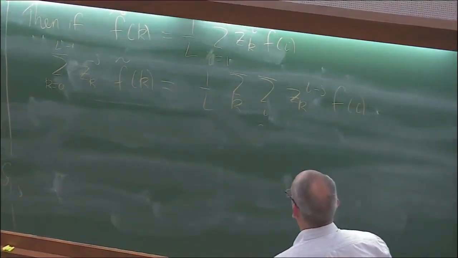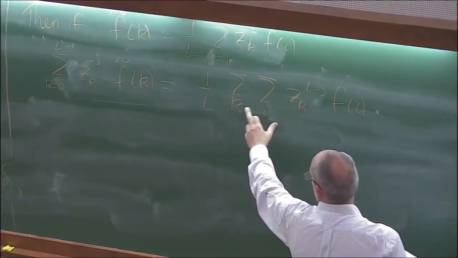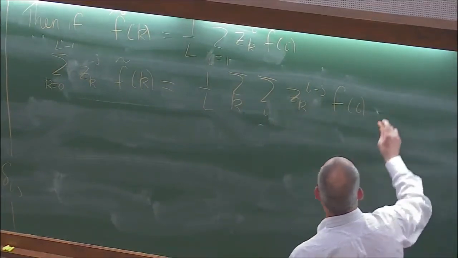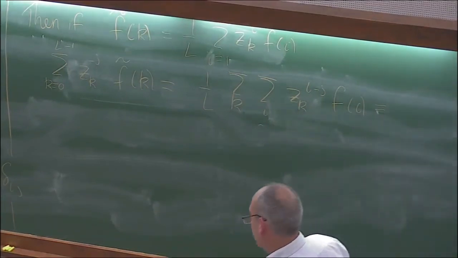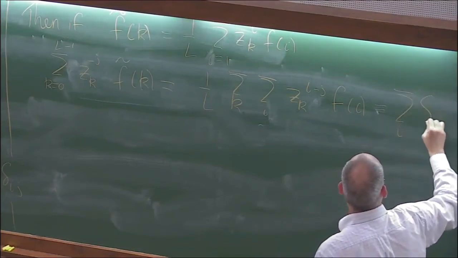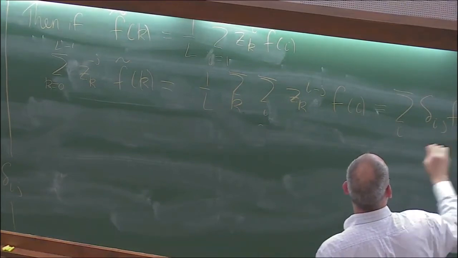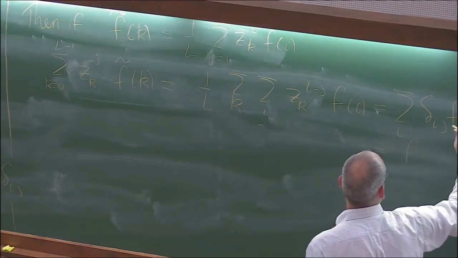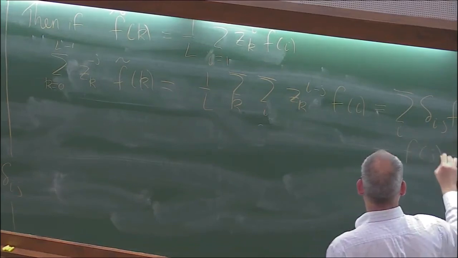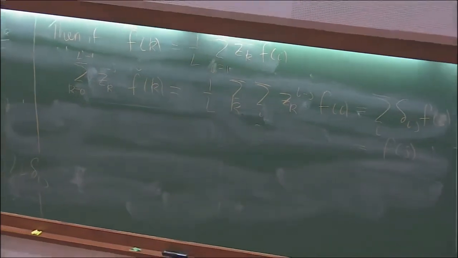And then I know, because we just showed it, that this sum over k gives me a delta with an L, so I end up with the sum over i, delta i,j, f_i. And that, of course, is just f_j. So that's how I invert this discrete Fourier transform.